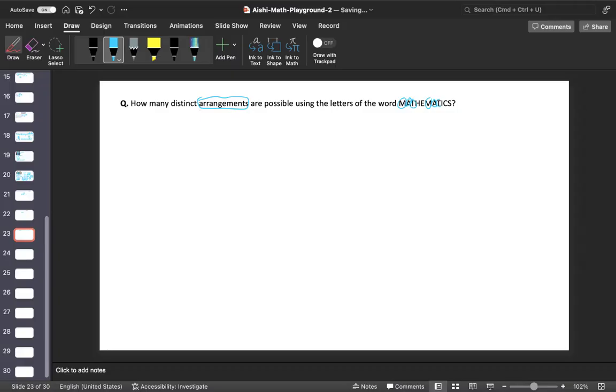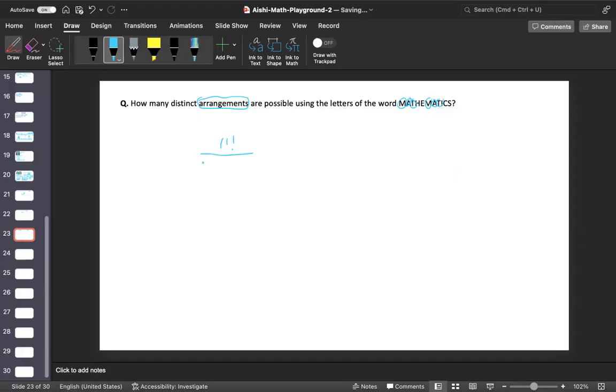So we can do this easily. If there were no repeats, then this would be simply 11 factorial. And then since the 2 M's, the 2 A's, and the 2 T's can switch places without anyone being able to tell, these can be arranged in 2 factorial ways each.